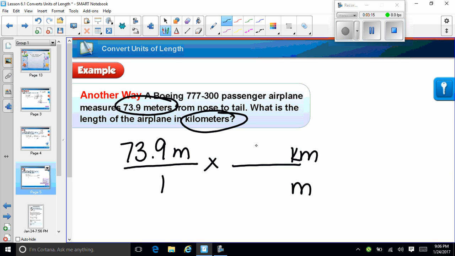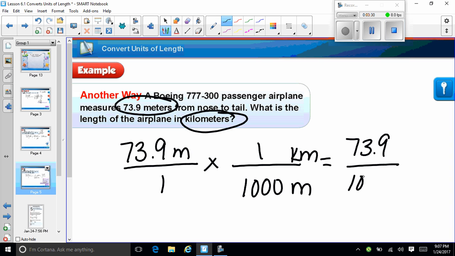In this case, I know 1,000 meters can go into 1 kilometer. And then I'm going to multiply across. And so I'm going to get this as my new fraction, cross out like units. So I'm left with kilometers.